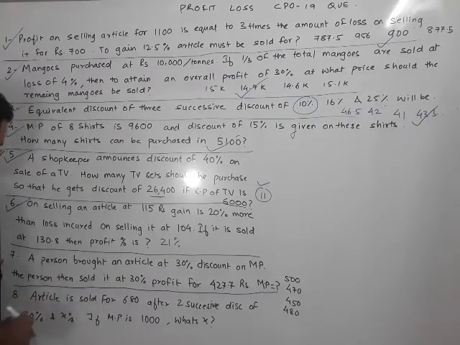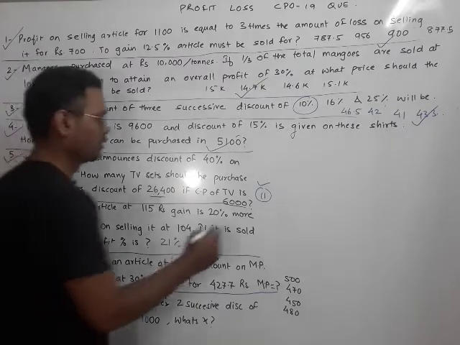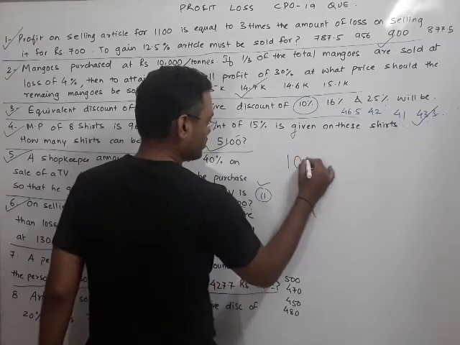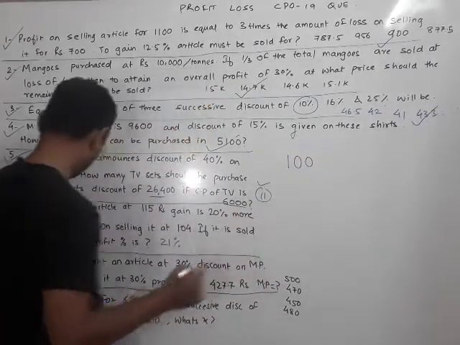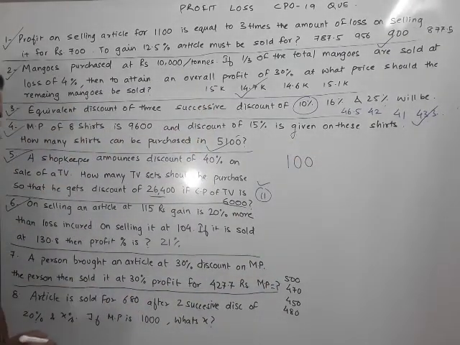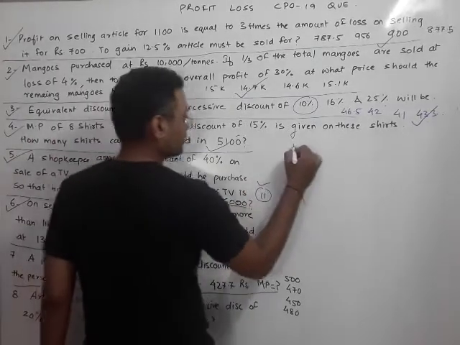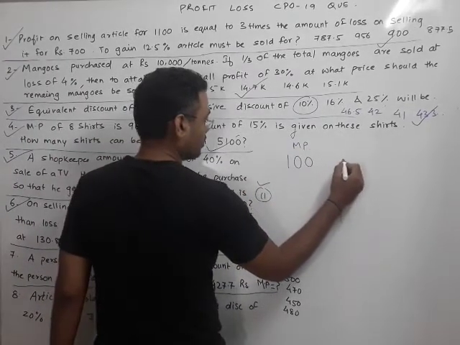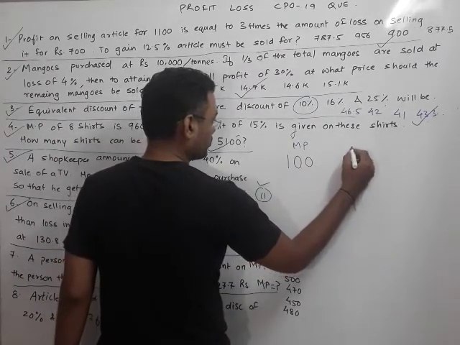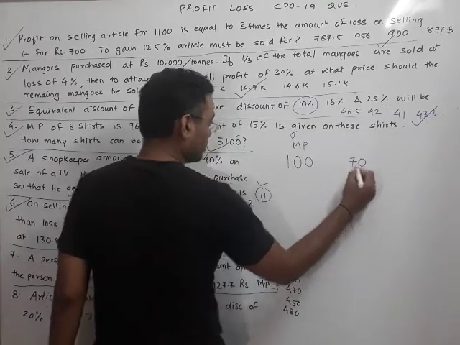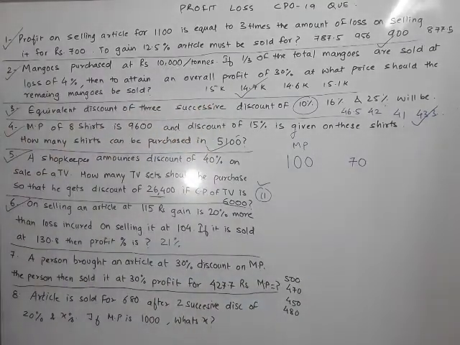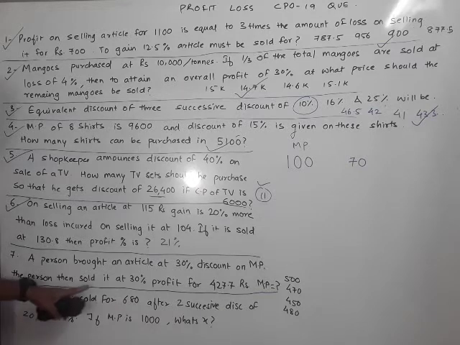Okay, 100 rupees is the mark price. I got a discount of 30%, and sold it at 30% profit.